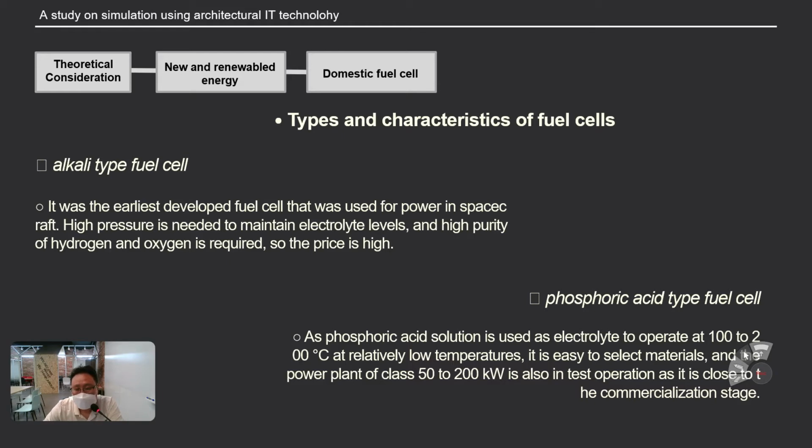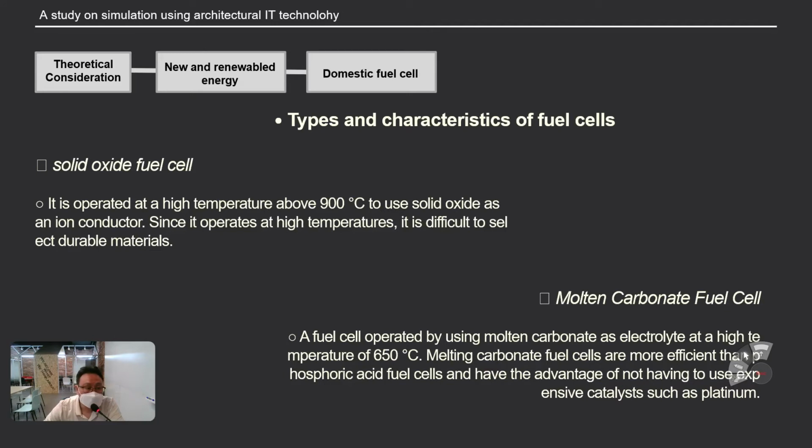The phosphoric acid type fuel cell operates at about 100 to 200 degrees, a relatively low temperature, so it is easy to select materials. The solid oxide fuel cell operates at a high temperature above 900 degrees and uses solid oxide as an ion conductor.